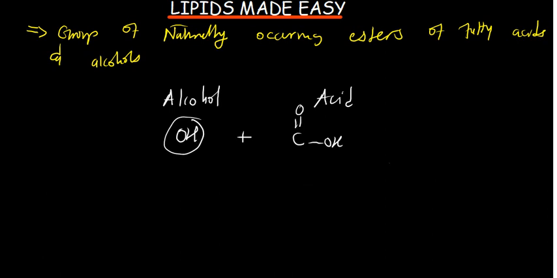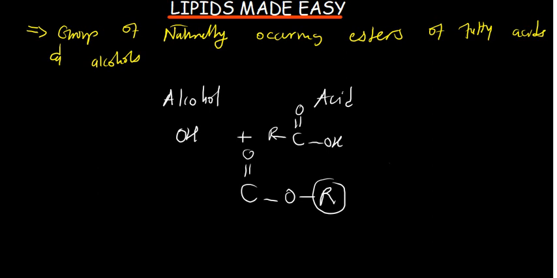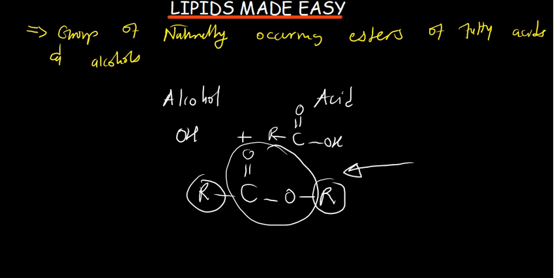One hydrogen goes, and you have C double bonded to oxygen, and you just remain with an oxygen here. On this side you can have one compound attaching, and on this side another compound attaching. This linkage here is the ester linkage, formed when an alcohol reacts with an acid. This substance formed here is what we call an ester. Is that okay?